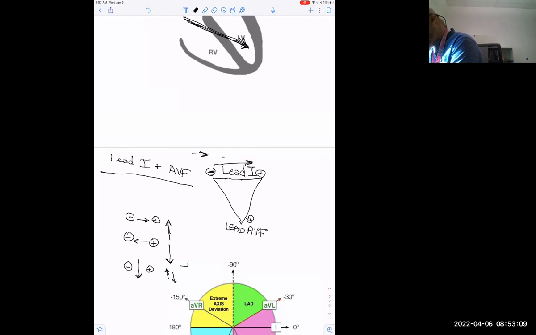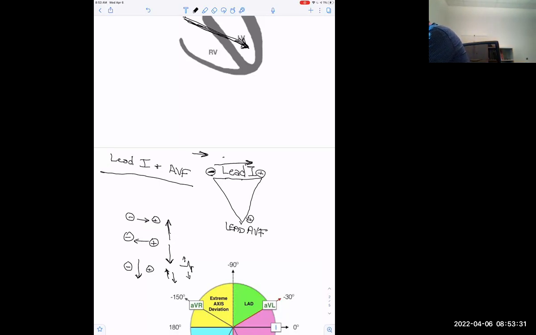So it would probably look something like this, where you have just as much complex above the isoelectric line as you do below the isoelectric line. Everyone with me so far? Okay.